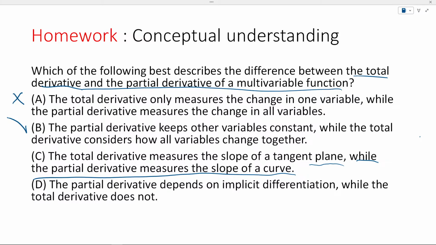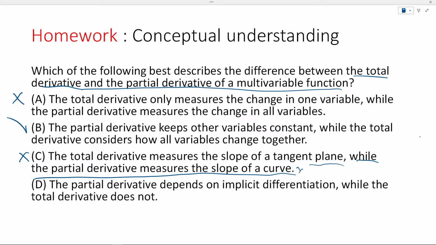So this is somewhat inaccurate, because total derivative can be related to a tangent plane because of its definition, but it's more accurate to say it just describes a change along a path. And the partial derivative measures the slope of a tangent of a curve holding all other variables constant. So this one is not very accurate; this is more accurate. Let's look at the other one.